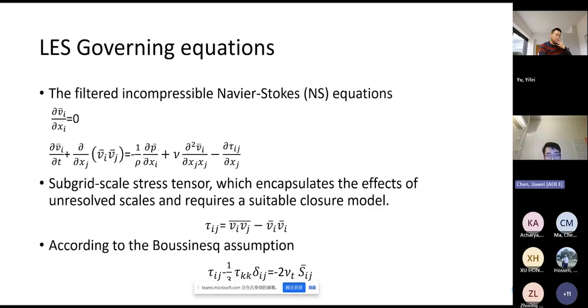According to the Boussinesq assumption, we can relate this stress tensor to the strain rate tensor through an eddy viscosity. And this is where our subgrid scale model comes into play, determining the appropriate eddy viscosity for the unresolved scales.